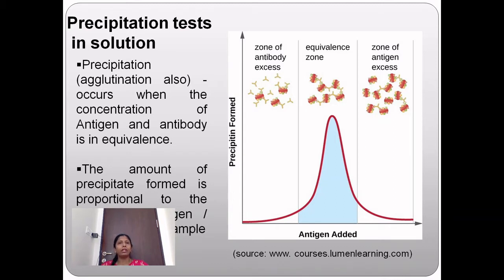In case we are trying to measure the amount of antigen in the samples, then the standards of antigen are plotted on the x-axis and the OD values are plotted on the y-axis. A standard curve is generated using this method, which can be used to estimate the amount of antigen or antibody in any number of test samples. This process of measuring the turbidity is termed as nephelometry.